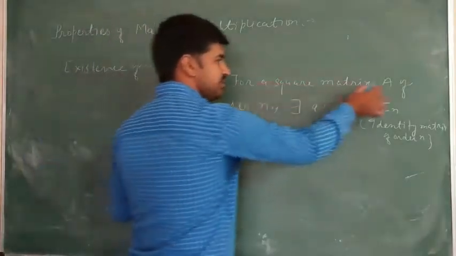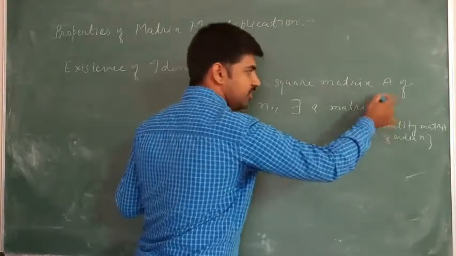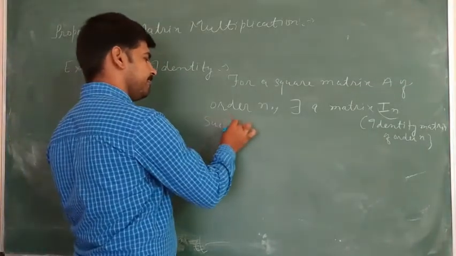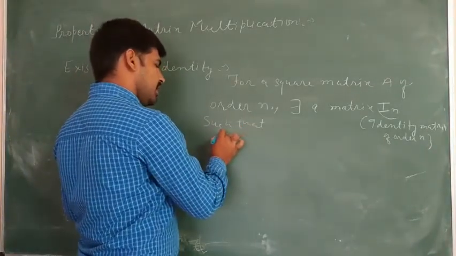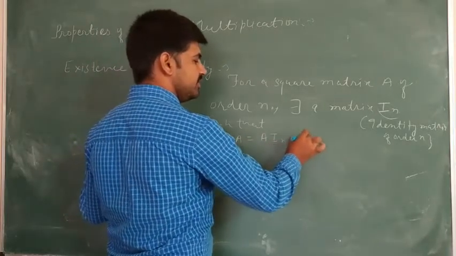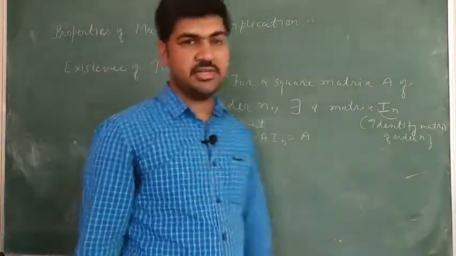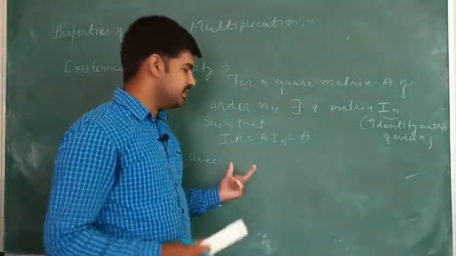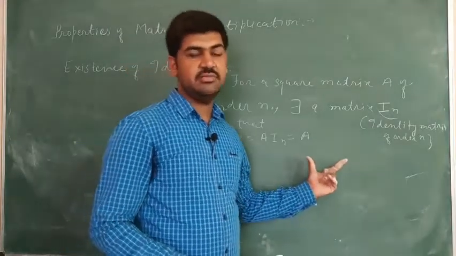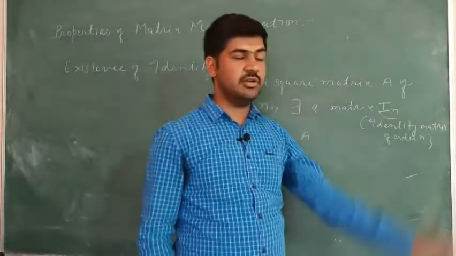So for a square matrix A of order n, there exists a matrix I of order n, that is the identity matrix of order n, such that IA is equal to AI is equal to A. Hence an identity matrix of order n is the identity element of matrix multiplication for a square matrix A of order n.